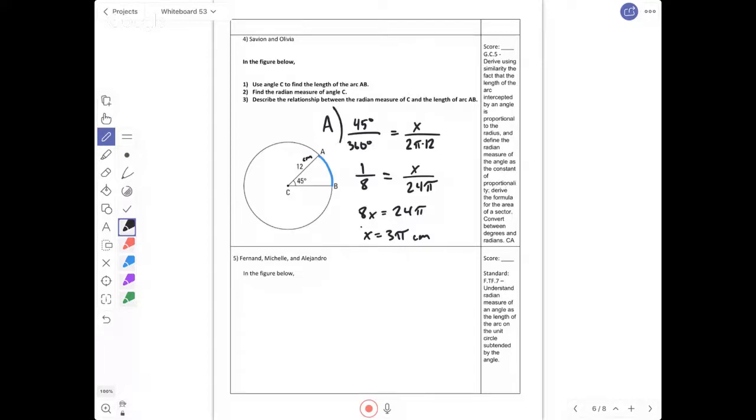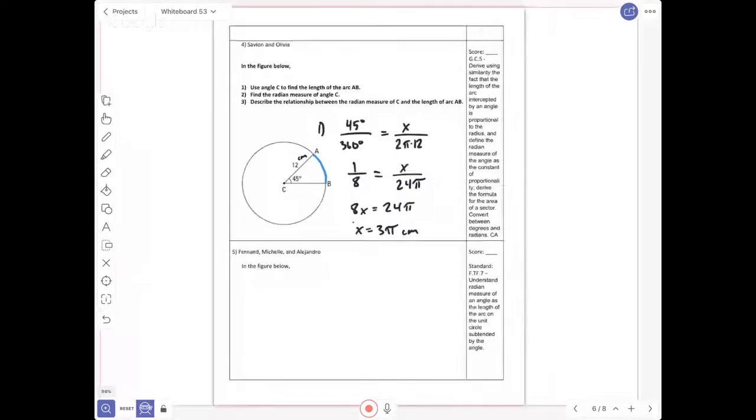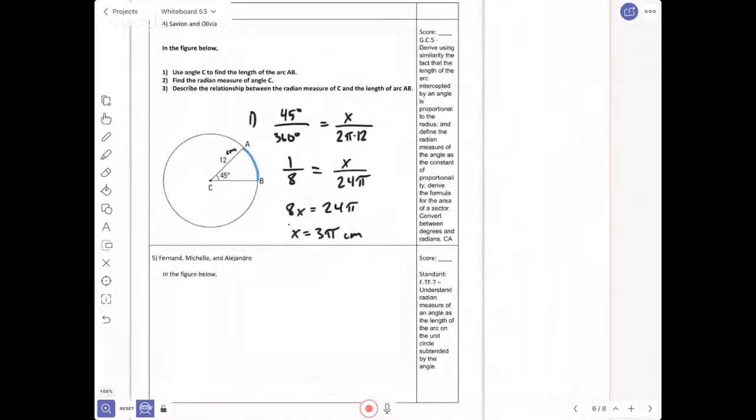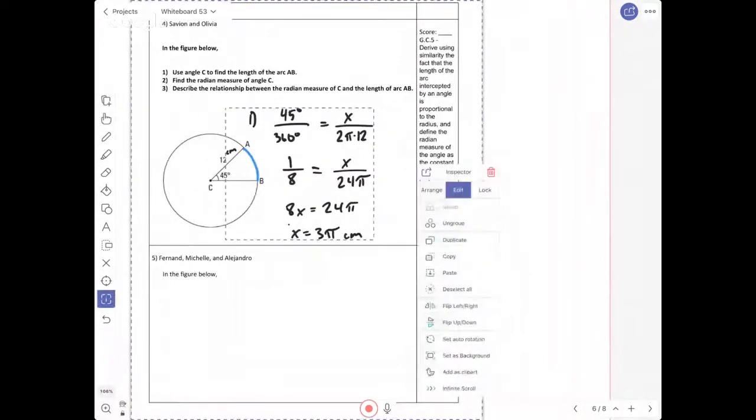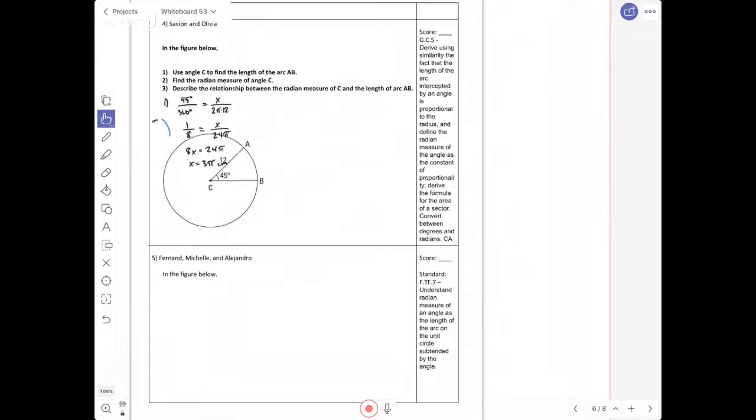Oh no, they didn't, they used numbers. That was part 1. Part 2, find the radian measure of angle C. Well, let's see. Radian measure, I'll just shrink myself down here. So that was step 1.